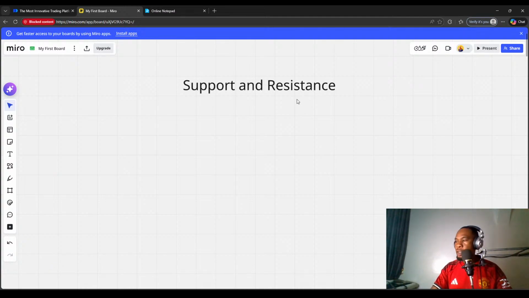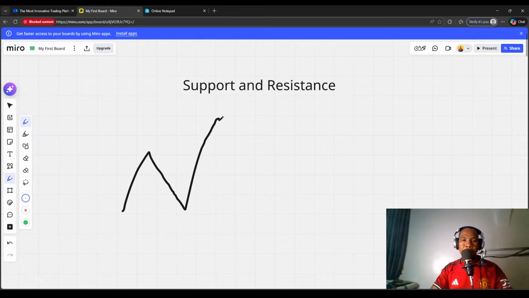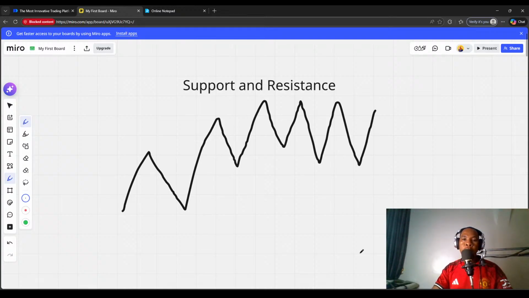All right, guys. So, what is support? What is support level? Support level is the level at the bottom of the chart where price has bounced at least two times.